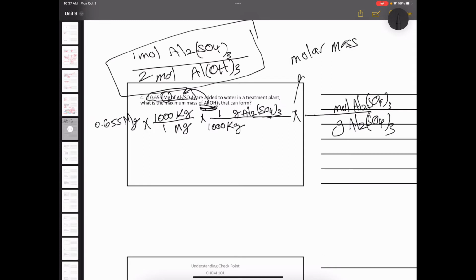Okay? So every 1 mole of Al2SO4 is 342 grams. Well, how do I calculate this one? Remember, we get this from the periodic table.